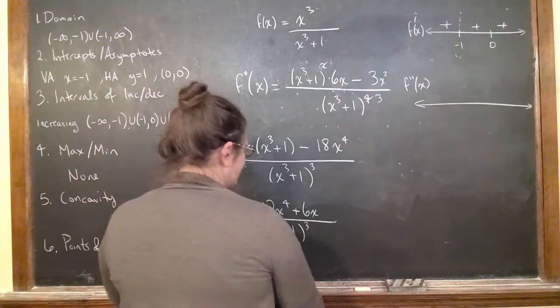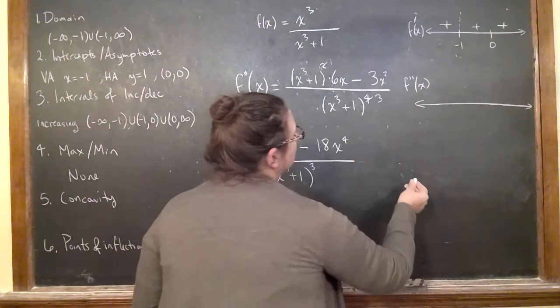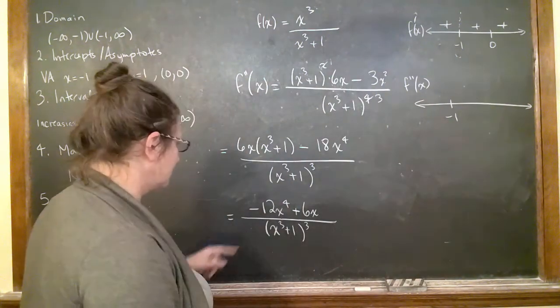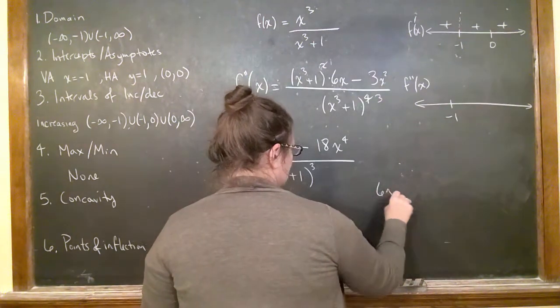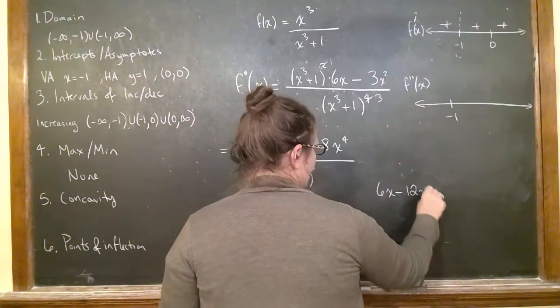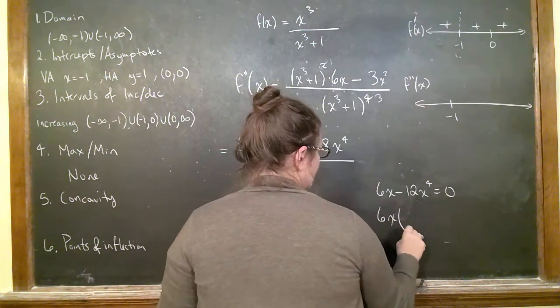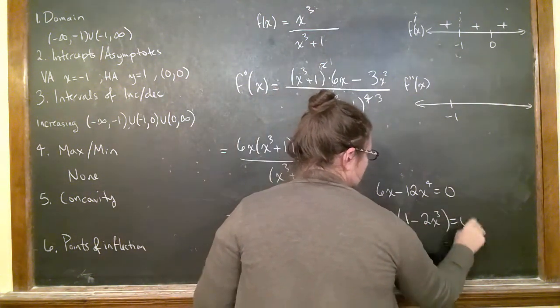Okay, so that's going to be where the bottom is 0. So I got negative 1. And then what else do we have? Let's look at this top part. So what I have is 6x minus 12x to the 4th is 0. So if I pull out a 6x, then this is 1 minus 2x cubed equals 0.